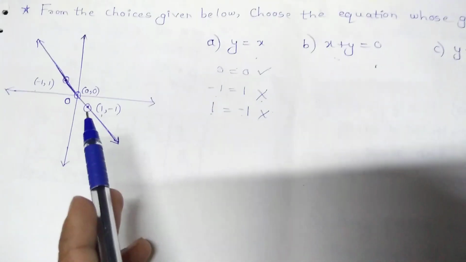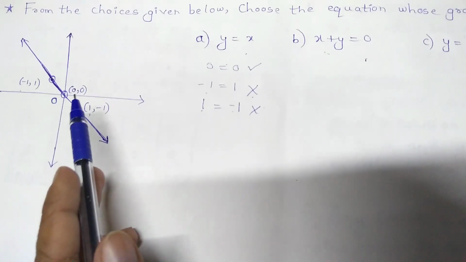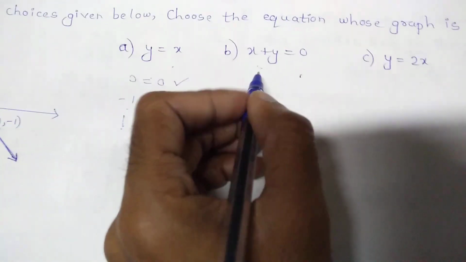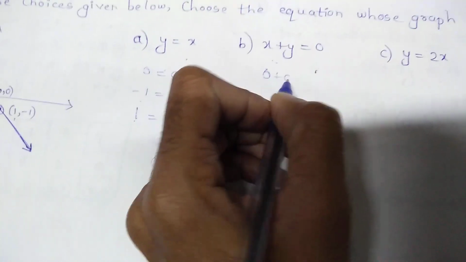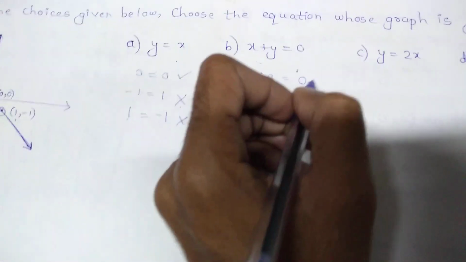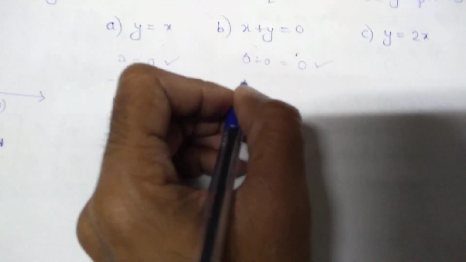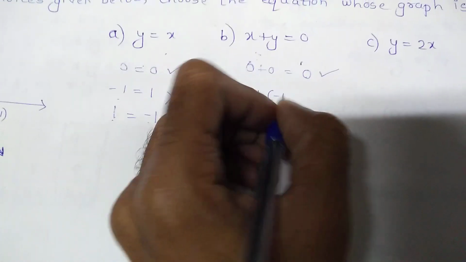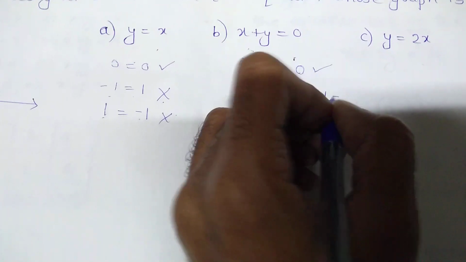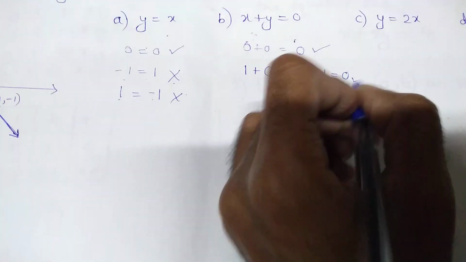So again we shall check for option B, that is, just substitute (0, 0) in this particular equation. 0 plus 0, which is nothing but 0, right? So it satisfies. Again the second coordinate (1, -1). So 1 plus (-1), that is 1 minus 1, which is nothing but 0, it satisfies.